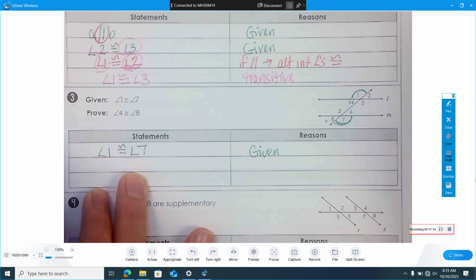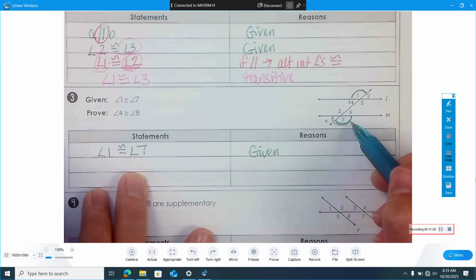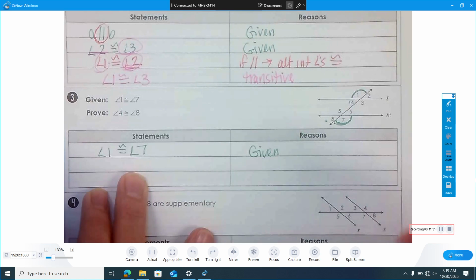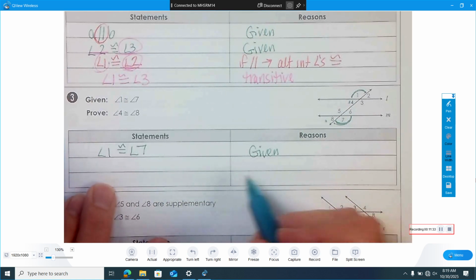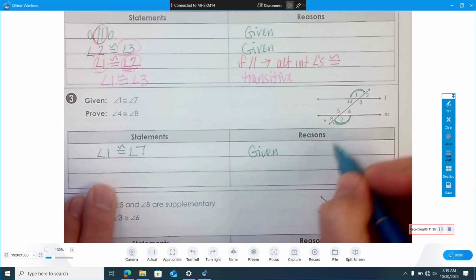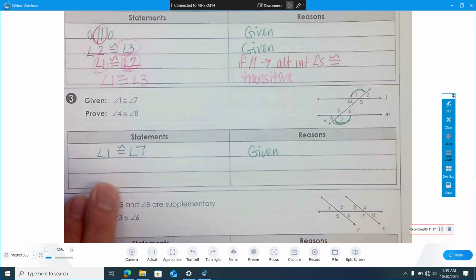In order to use corresponding angles to be congruent, what must we have? Parallel lines. So our first step is to prove the lines are parallel, and then we can show the corresponding angles are congruent. Okay? Are our lines parallel? Yes. Okay, so because, what kind of angles are those?